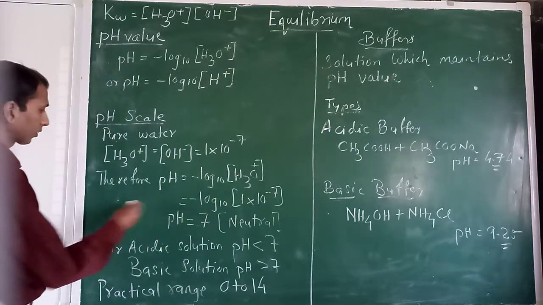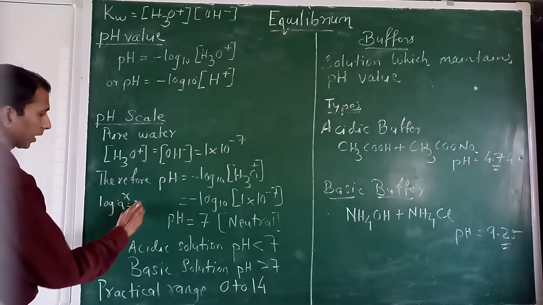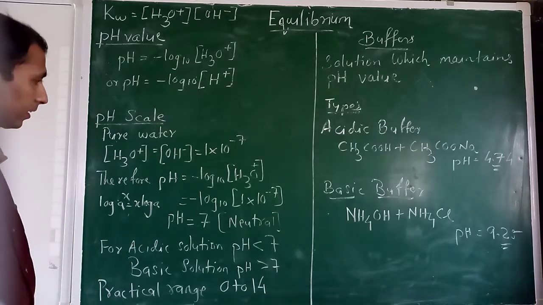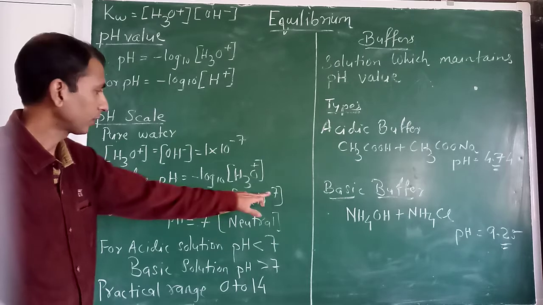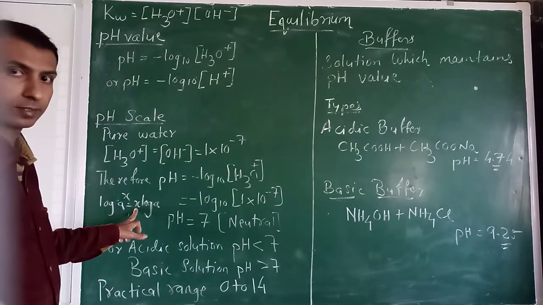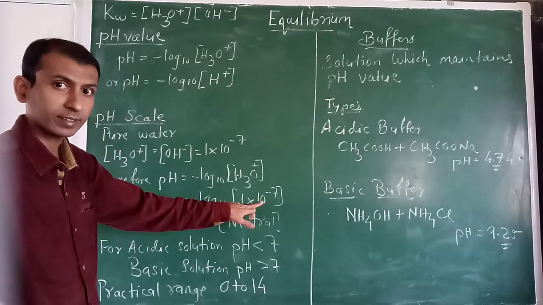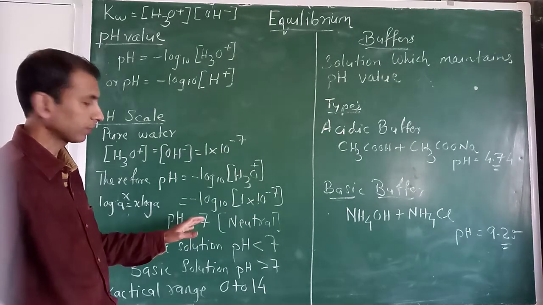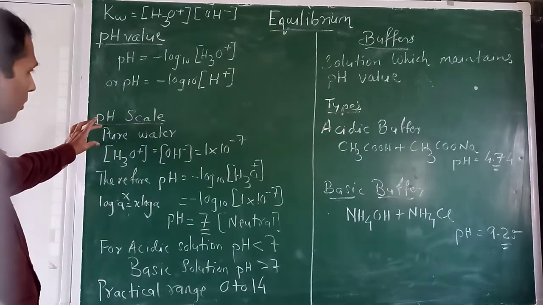You know this equation, log of a raised to x is nothing but x log of a, correct? So here x is minus 7 and there is a minus sign here, so we write x before log of a, meaning log of 10, and you get minus minus plus 7 as the answer for the pH of pure water.